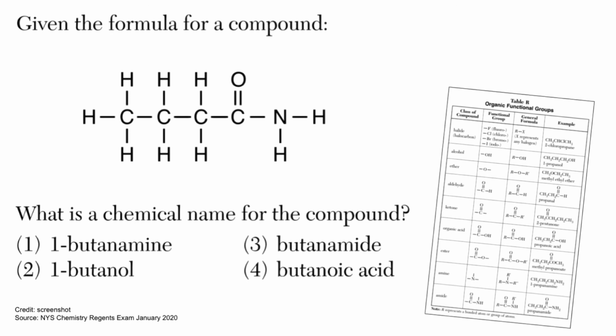That tells me this must be an amide. If I look at my naming options, 1 says amine at the end, so it can't be that. 2, 1-butanol, that would be an alcohol, so that's not right. 4, butanoic acid, that would be an organic acid, so that's not right. The answer has to be butanamide. We've got 4 carbons, so that makes it butane. Drop the E at the end and add amide at the end as a representative of the functional group.